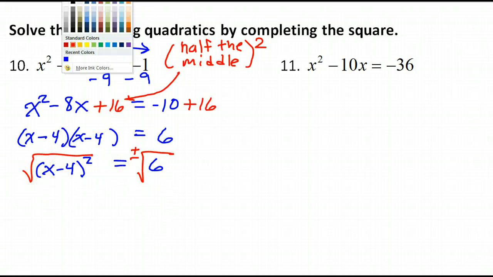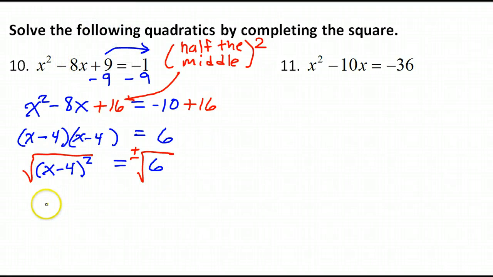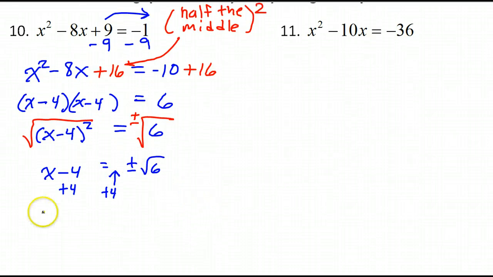Alright, so that's going to be x minus 4 equals plus or minus radical 6. Nothing to be done with that. Have to add 4 to both sides, and we will put that in the front. So that's going to give me x equals 4 plus or minus radical 6.